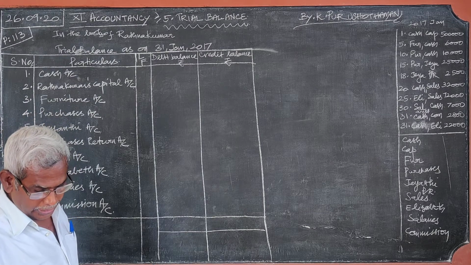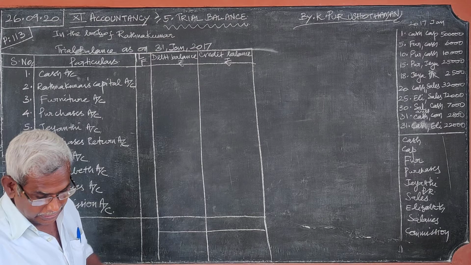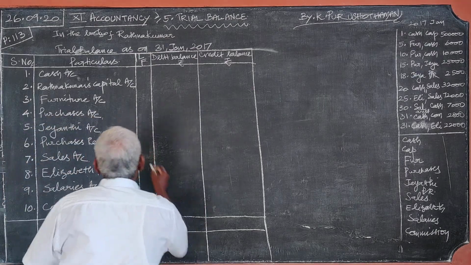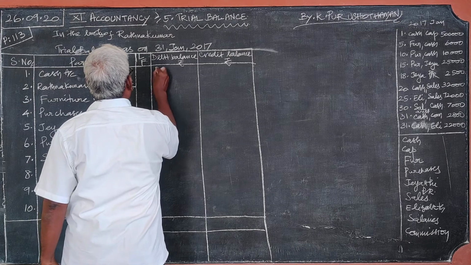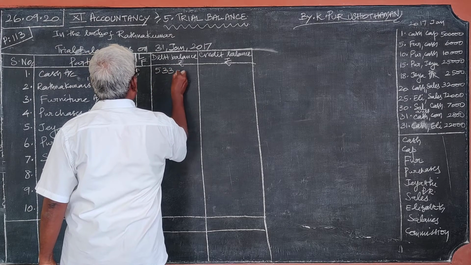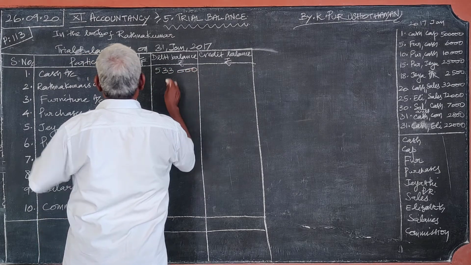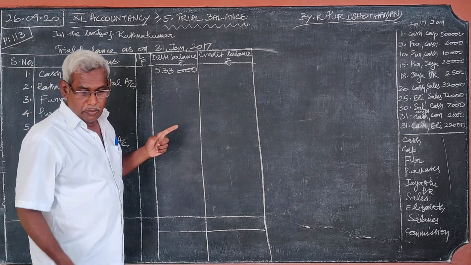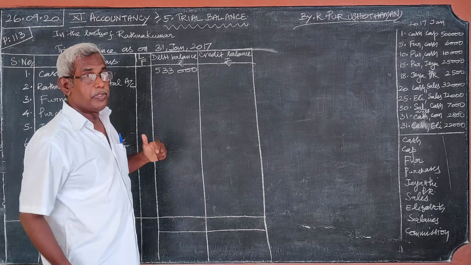For cash account, the brought down is on the debit side, 5,33,000 on the debit. We should write the amount from the balances brought down.